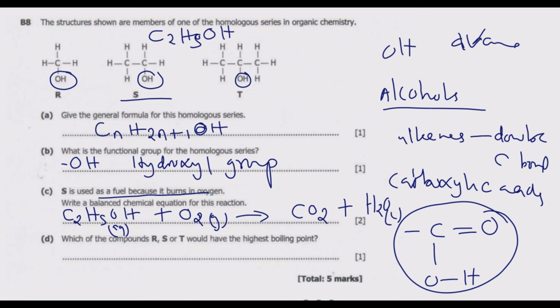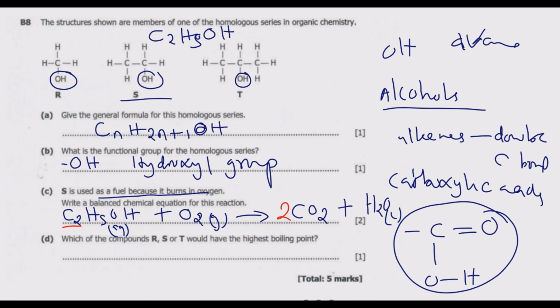Now the question requires us to write a balanced chemical equation. What we notice here is that on this side we have 2 carbon, this side we have 1, so we need to introduce 2 so that we have 2 and 2. Then the carbons are balanced. Oxygen, we've got 4 plus 1, which is 5. This side we've got oxygen 3.